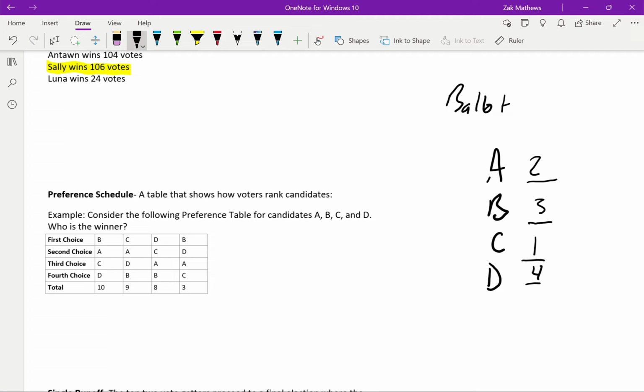The nice thing about having a ballot like this is, what happens if C, my first choice, wasn't very popular? Most people didn't like C. Well, my vote would have been wasted, right? Even though they're my favorite candidate, under just choosing one candidate.